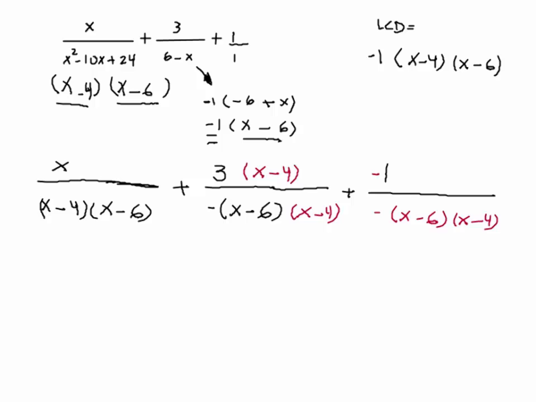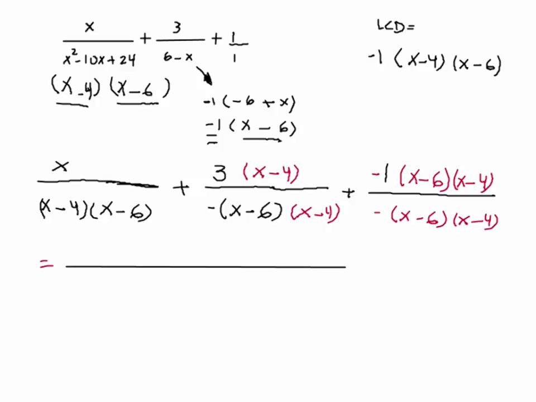So I'm going to make this minus x minus 6 times x minus 4. Okay. Stop me if you have any questions, anyone so far. So there we have it. Now we can add or subtract these.